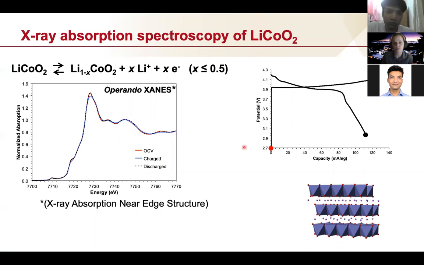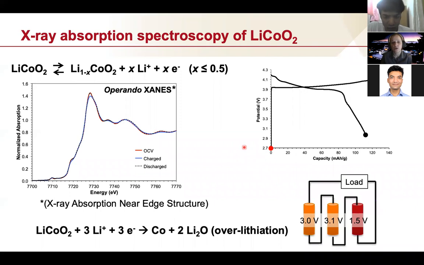But we wanted to explore what happens when you over-lithiate it. So if you have a number of batteries in series, which is often the case in electric vehicles, you're really not measuring what's happening in each individual battery. You're looking at the stack of batteries. And so it's possible that a single battery might be operating slightly differently, and there's a chance of over-lithiation.